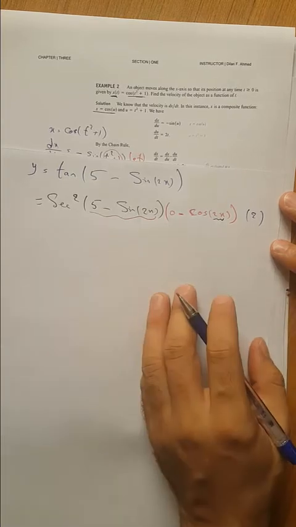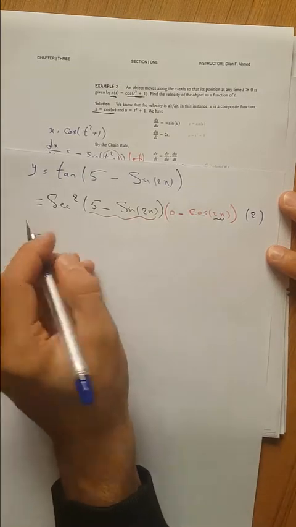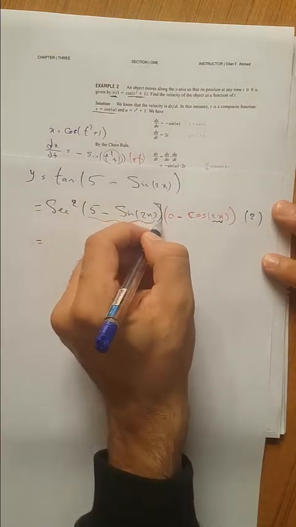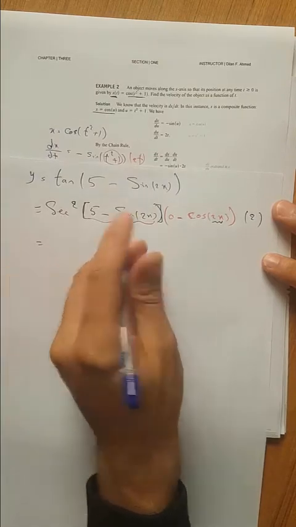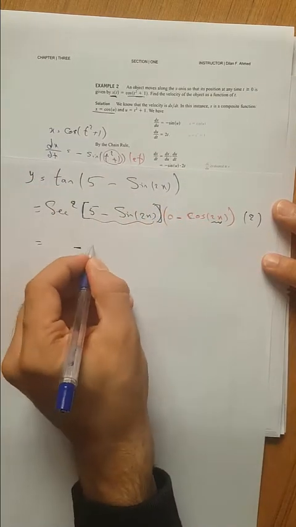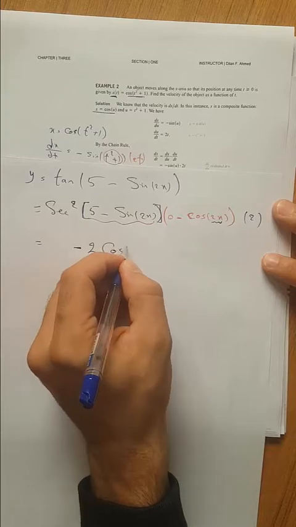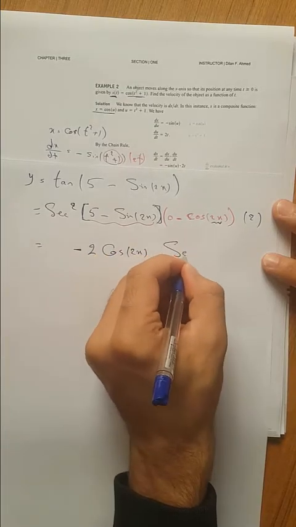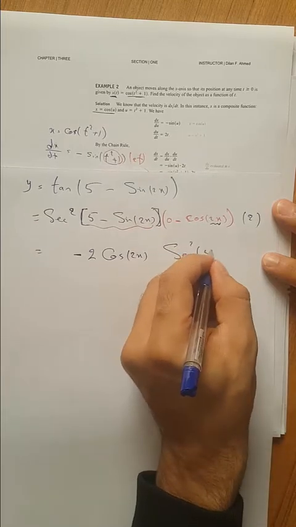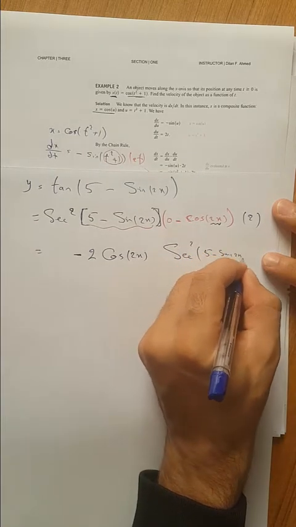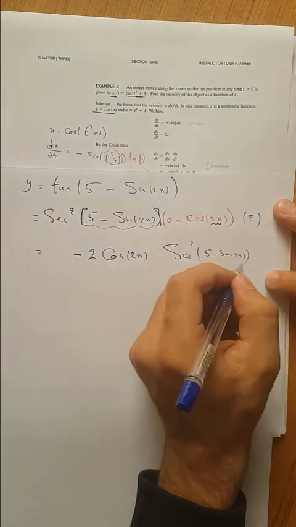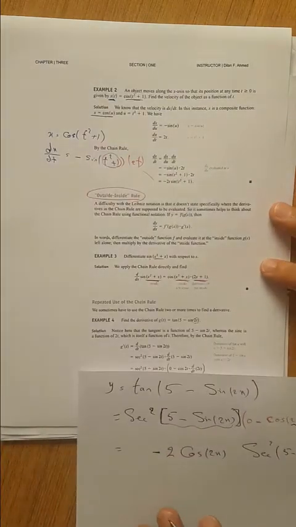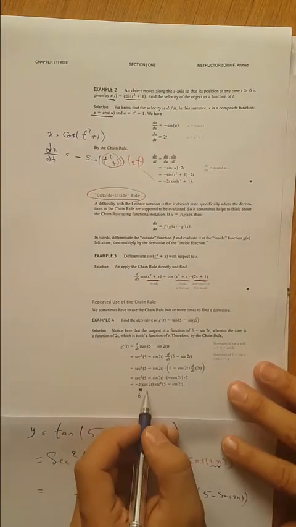So here's the multiplication, and it is better to see that this is the angle of the secant square, so the rest will come to the front like that, and secant square of 5 minus sine 2x. Okay, dear, that's all that we are going to talk about.